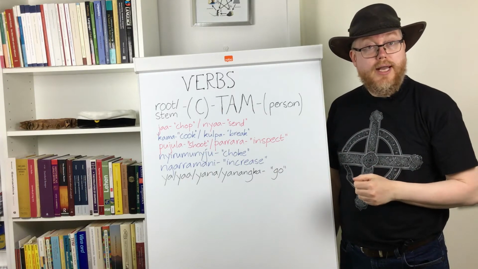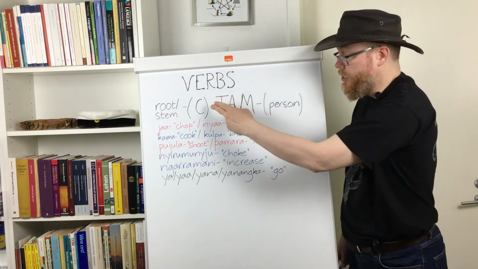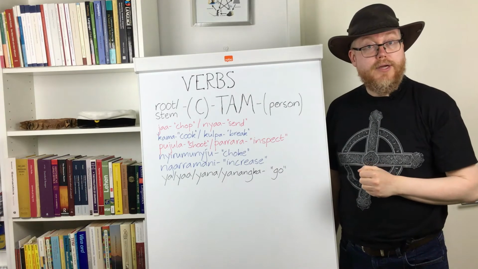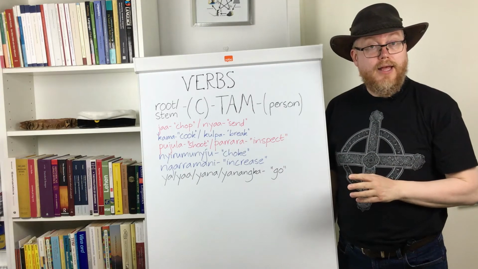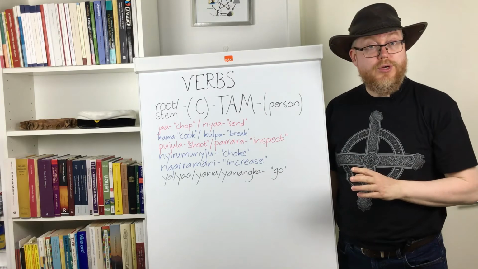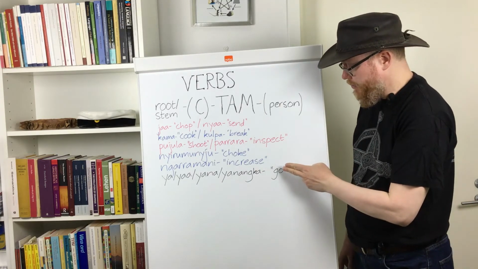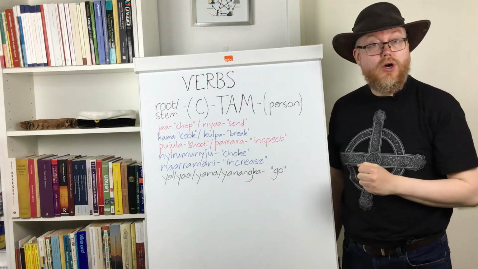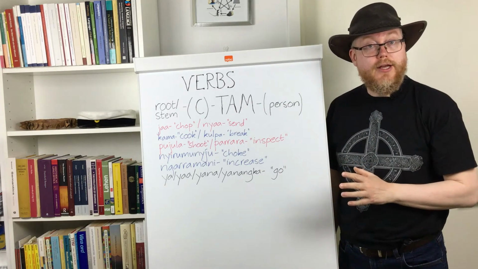In Pama-Nyungan languages, most verbs belong to conjugations. But there are usually also a few frequent verbs that are irregular. In ngara we have 2 irregular verbs, one of them being the verb meaning go. And this verb is terribly irregular, I have to say.